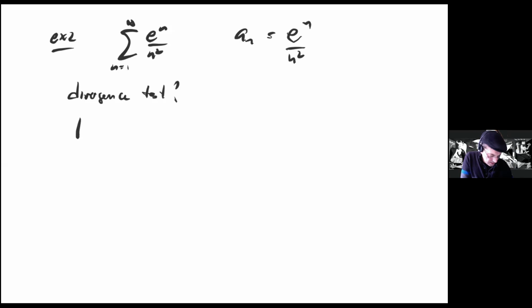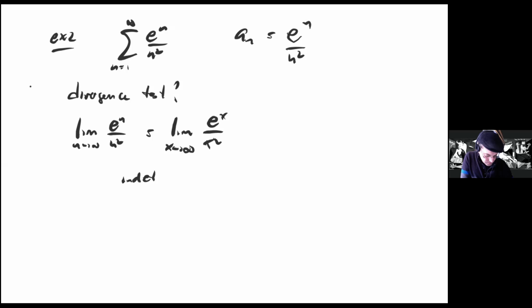So the limit as n goes to infinity of e to the n over n squared, I'm going to rewrite as the limit as variable x goes to infinity of e to the x over x squared. And this is an indeterminate form, in the sense of L'Hopital's rule, of type infinity over infinity.